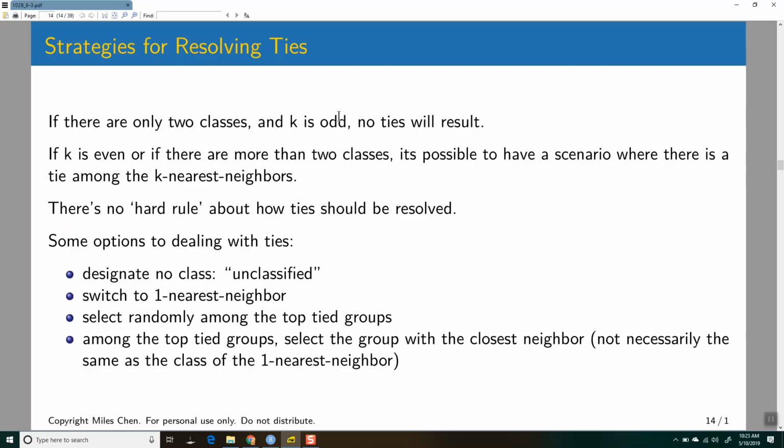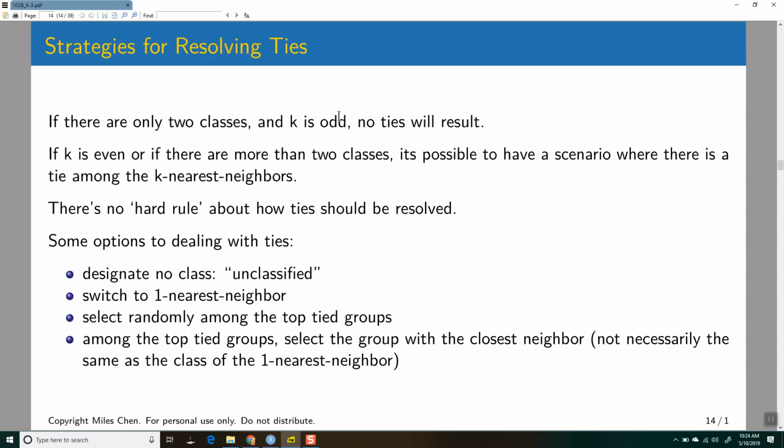One is you just say, I can't classify this because there's a tie, so we're going to leave it unclassified, okay? Another option is to switch to the one nearest neighbor. Generally, you won't have a tie with the one nearest neighbor.